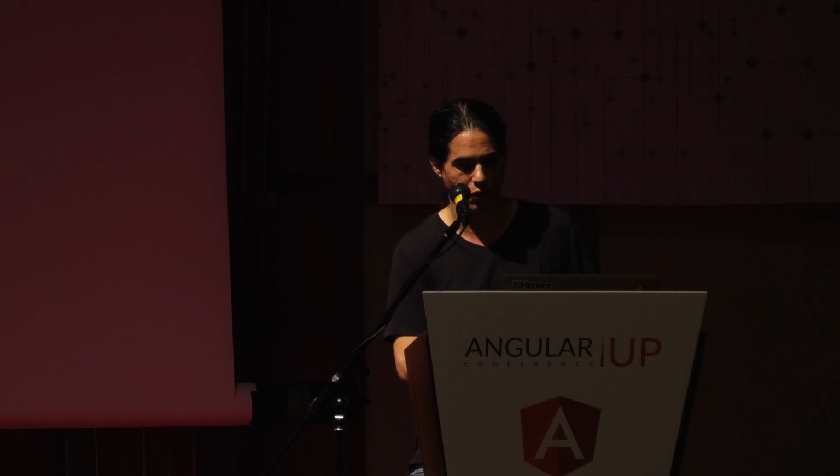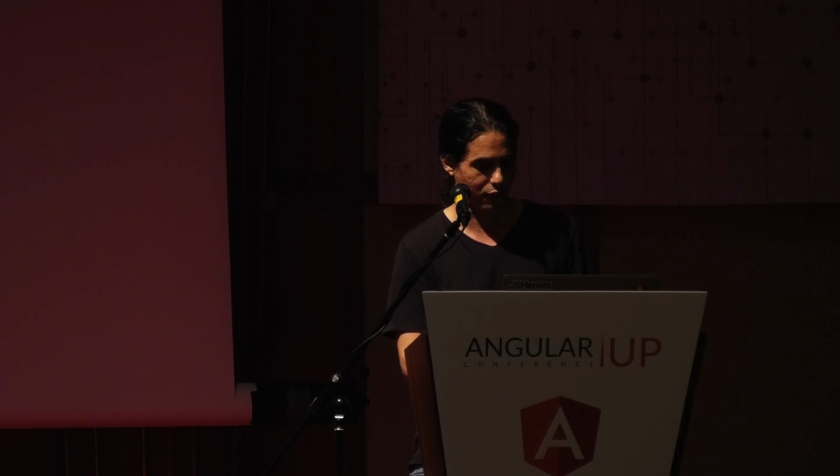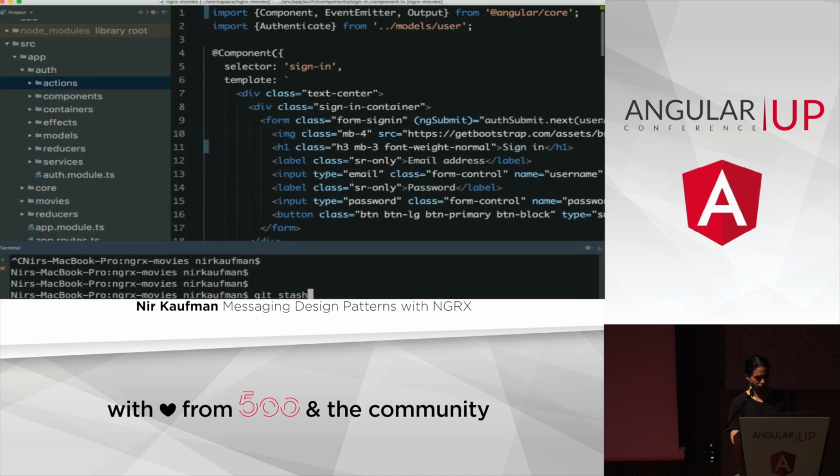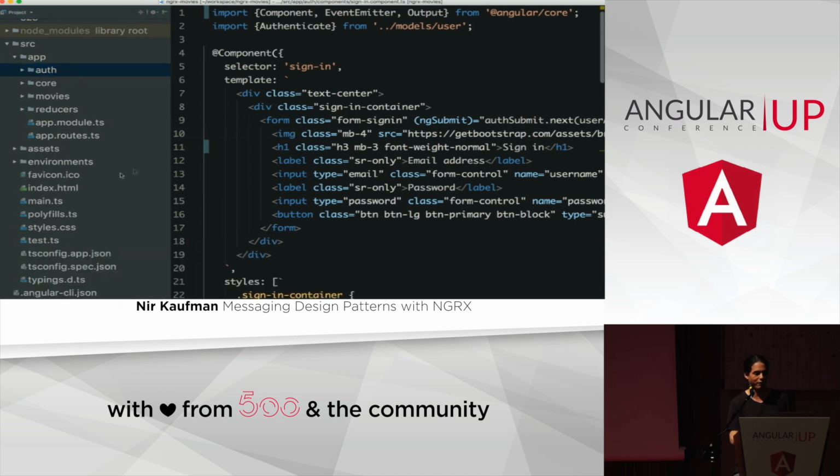So I want to show you the following pattern that I use. This is another demo project. Everything is on GitHub if you want to play with the demos. I've got here 3 modules: the authentication, core, movies.